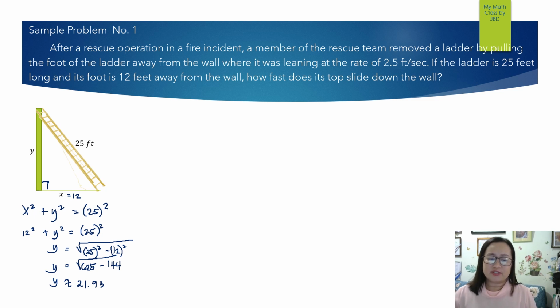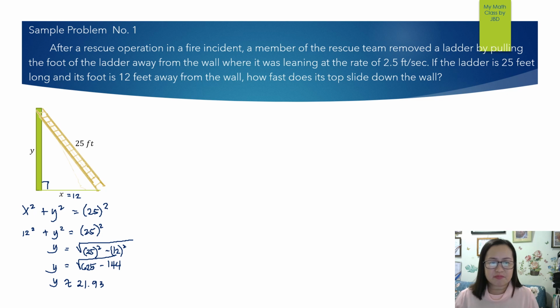Now let's make use of the other data given in the problem. Now 2.5 feet per second is the rate when the foot of the ladder is being pulled away from the wall.